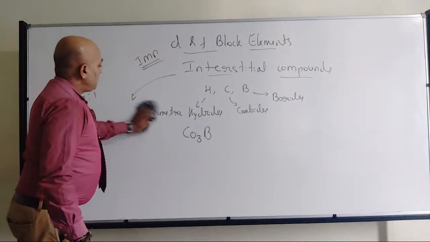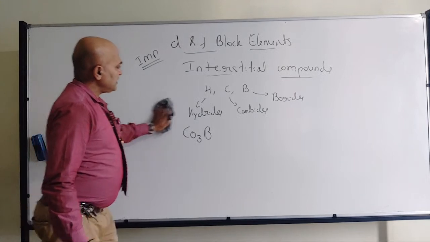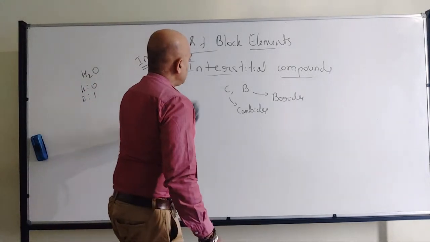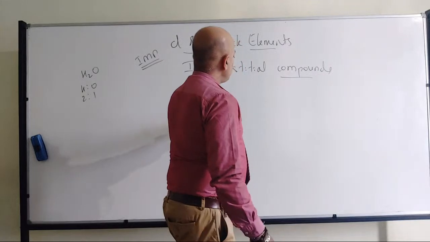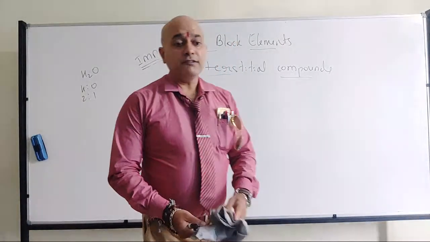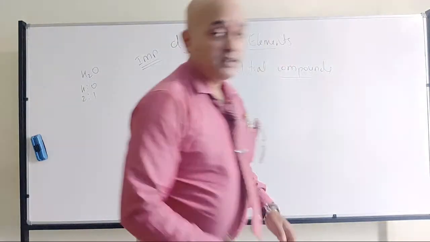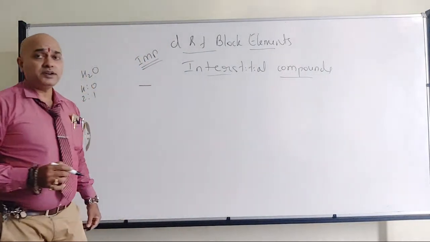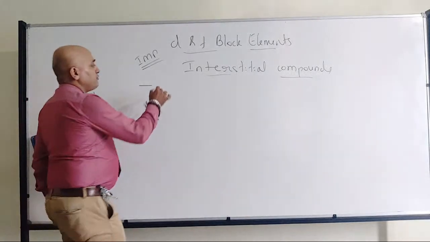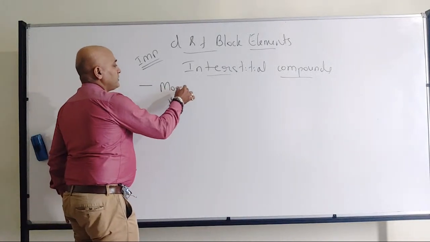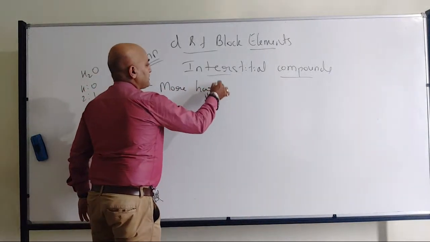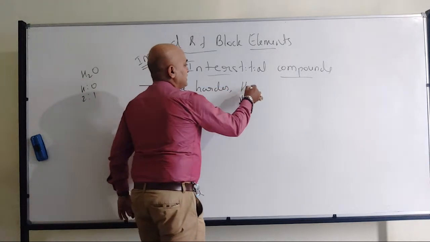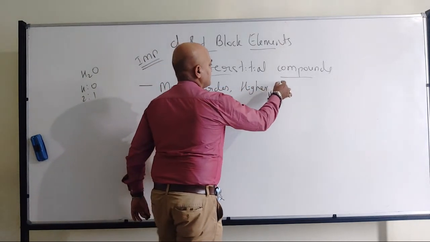Now, speciality of interstitial compound here is they will be much more stronger. They will be much more hard. Okay? So compared to transition metals, I am talking about, interstitial compound will be more harder and will have higher tensile strength.